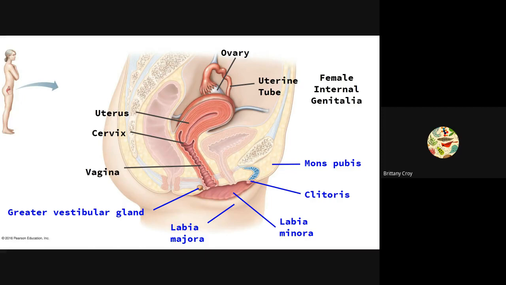Its job is to make gametes, or egg cells, and it also makes the female sex hormones estrogen and progesterone. If you look closely, the ovary is actually not directly connected to the uterine tube, like it's not a closed system. The uterine tube ends in these little projections called fimbriae, and when the ovary releases an egg, the fimbriae swing and help propel the egg into the uterine tube so that it can make its pathway there.